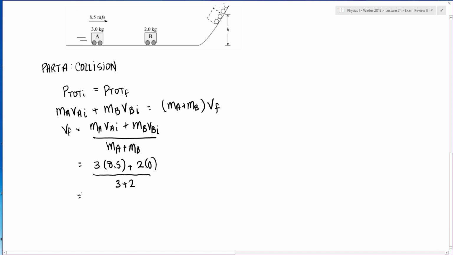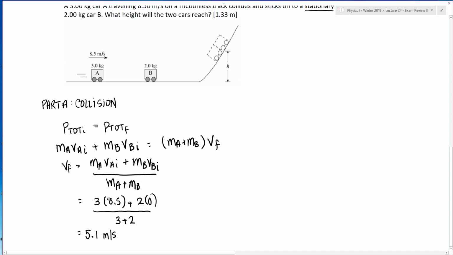I'm just going to type all of this into my calculator, and I get 5.1. Exactly 5.1, so I didn't round here. So 5.1 meters per second. That was the first part, the collision.